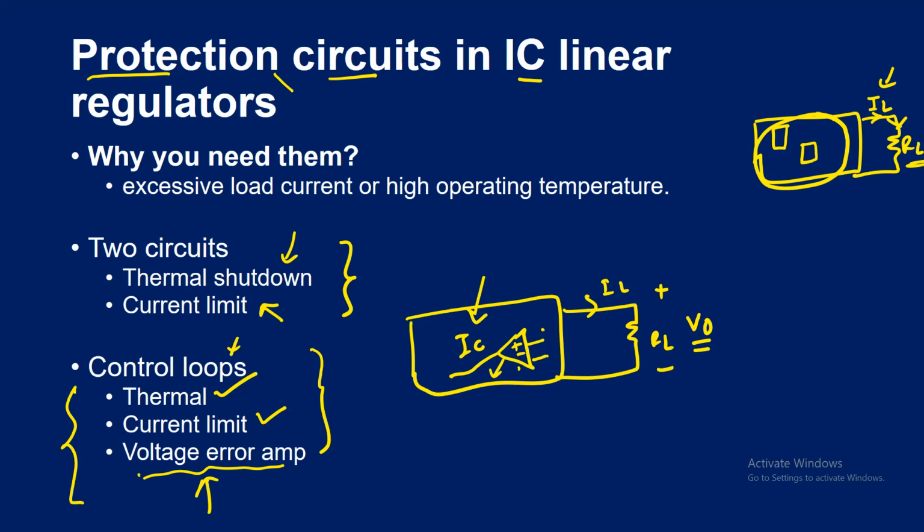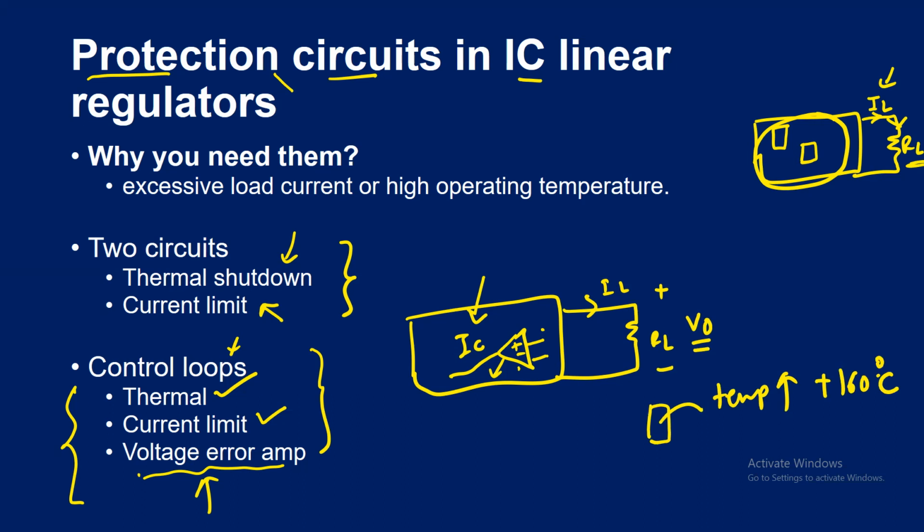Now consider a rise in the temperature of the IC. The temperature goes up, and it can go up to plus 160 degrees centigrade, regardless of the cause.